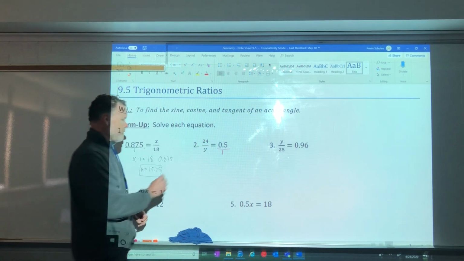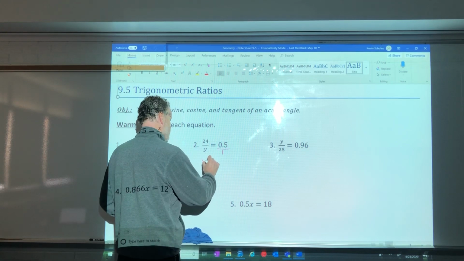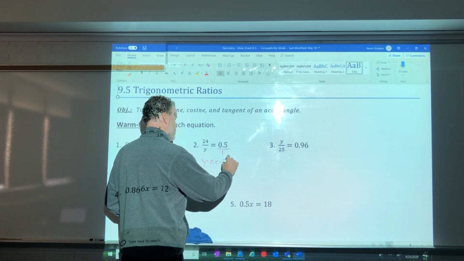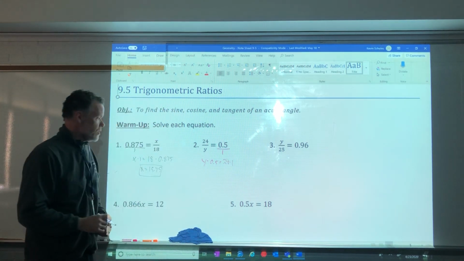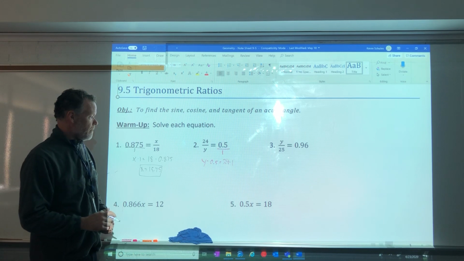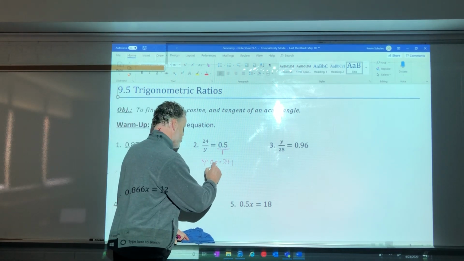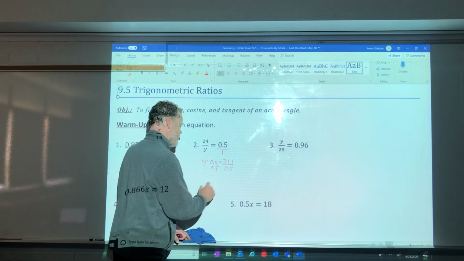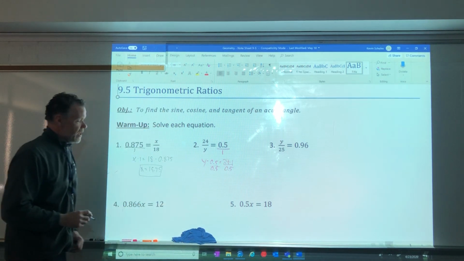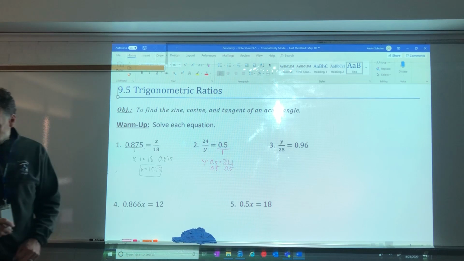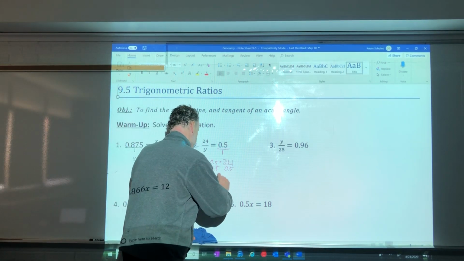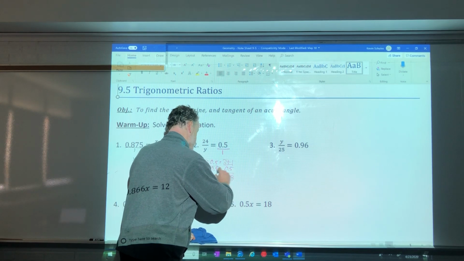Y times 0.5 equals 24 times 1. So in this case, we're going to divide through by 0.5, and we're going to end up getting y equal to 48. Y is going to equal 48 in this situation.